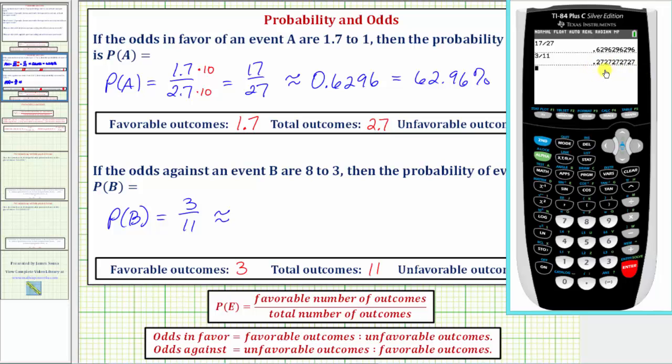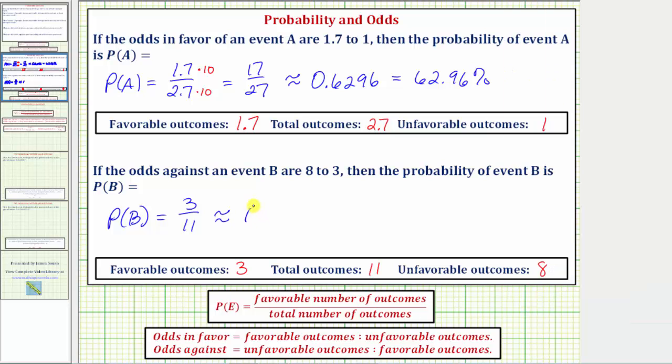So to 4 decimal places, we'll say it's approximately 0.2727, which as a percentage would be 27.27%. In our homework, though, when entering the probability, we should enter the exact value as a fraction.